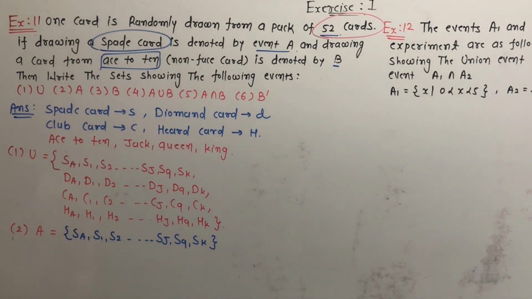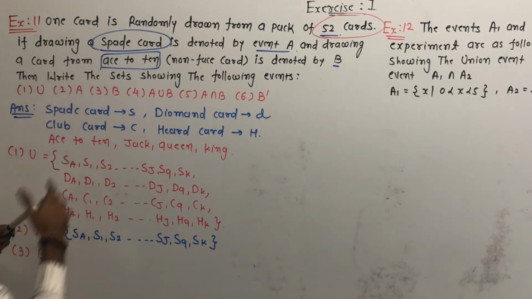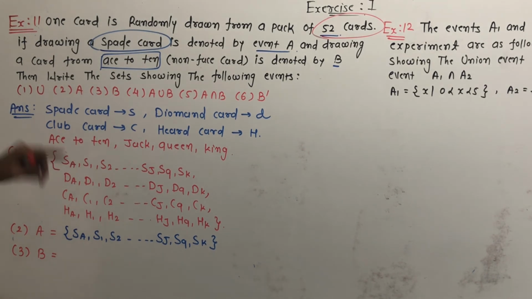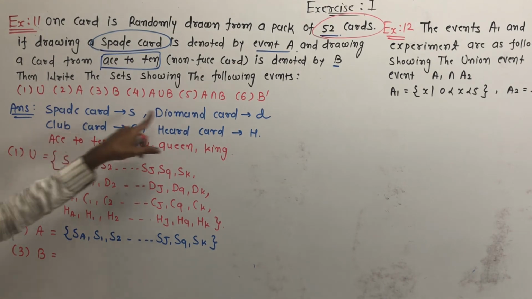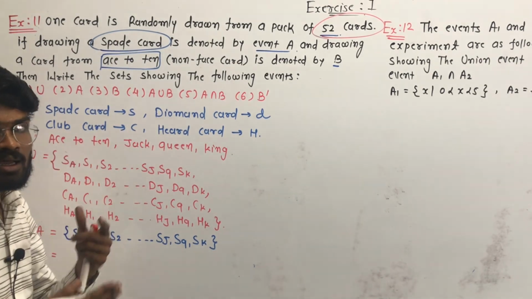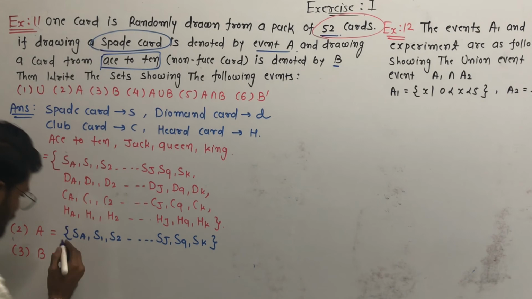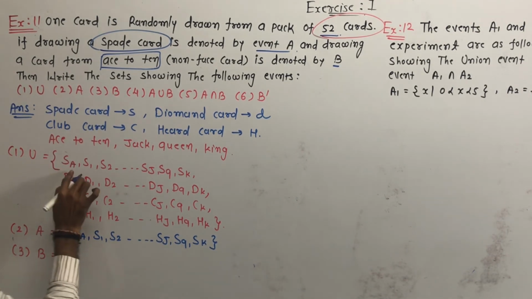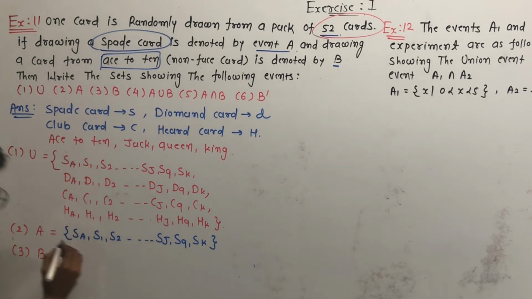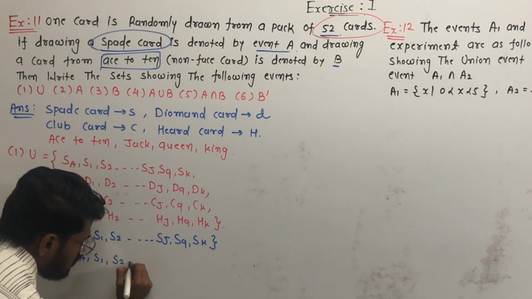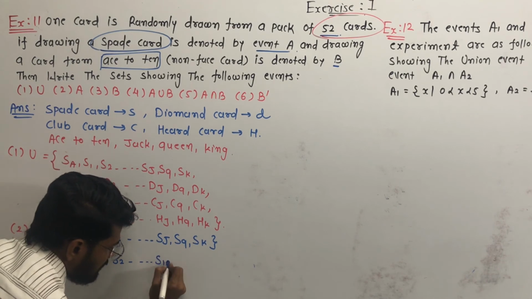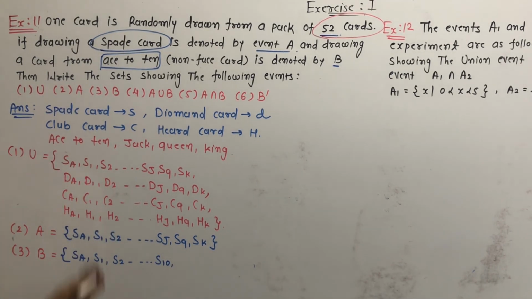Okay, now event B. What is event B? Event B is drawing a card from 2 to 10, but of which type? All types: spade, diamond, club and heart. So 2 to 10 of the spade cards means SA, S2, and so on up to S10. This is 10 cards of the spade.